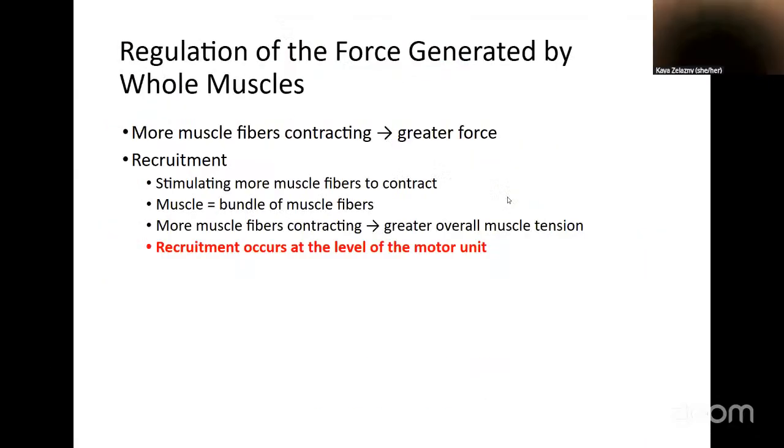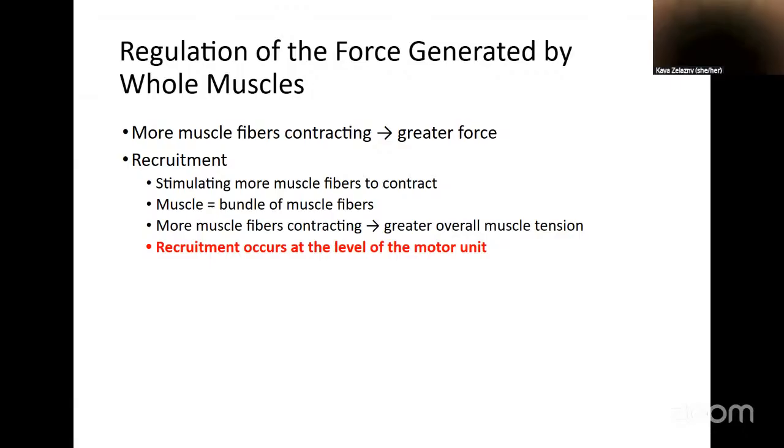So now we're going to think about whole muscles rather than just muscle fibers, and link this together a little bit. More sarcomeres contracting means more force. Also, more muscle fibers contracting means more force, just like stacking on how many structures are pulling at the same time makes it easier to move stuff.